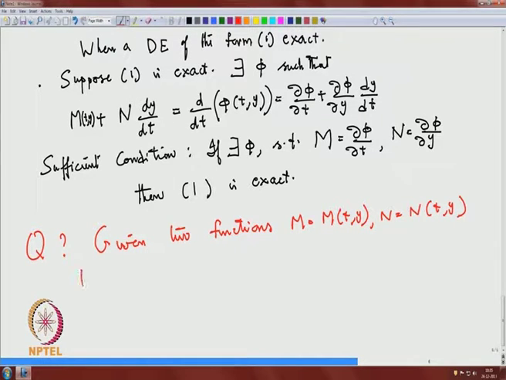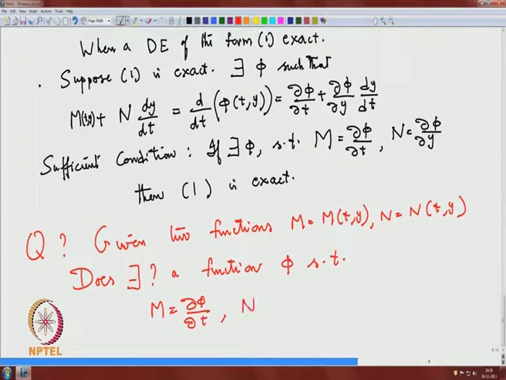Does there exist a function phi such that M is equal to d phi by dt and N is equal to d phi by dy? If you can do that, you can answer this question.